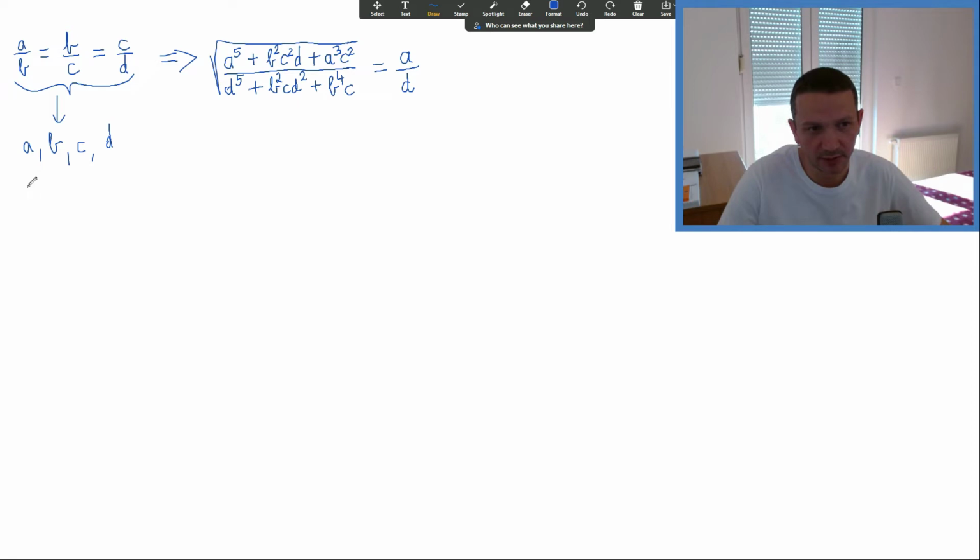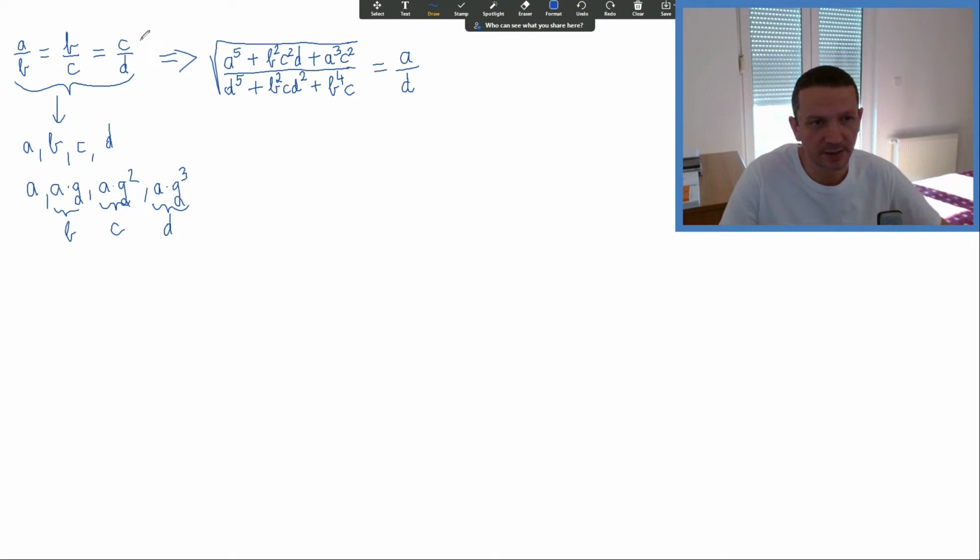So we can write those four numbers as A, A times Q, A times Q squared, and A times Q cubed. So we can substitute A times Q instead of B, A times Q squared instead of C, and A times Q cubed instead of D.